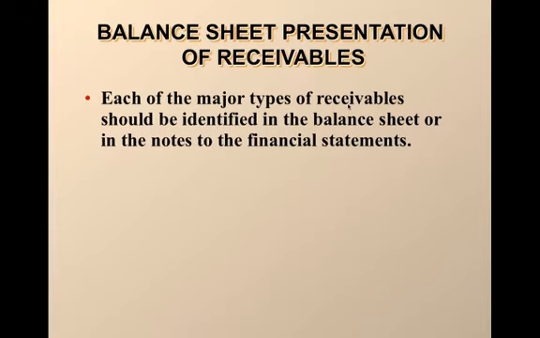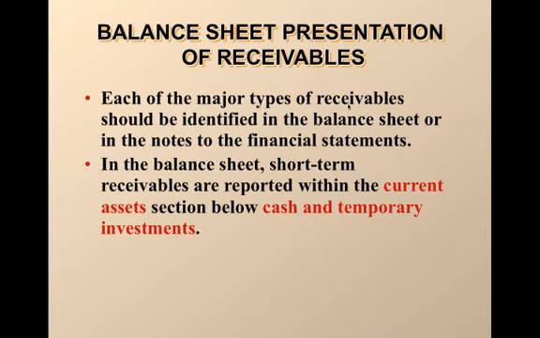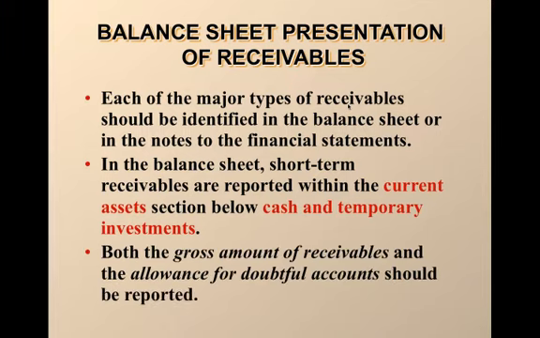Each of the major types of receivables should be identified in the balance sheet or in the notes to the financial statements. So in the balance sheet, short-term receivables are reported within the current asset section below cash and temporary investments. So those would be your accounts receivable, your interest receivable, your short notes receivable, and things like that.